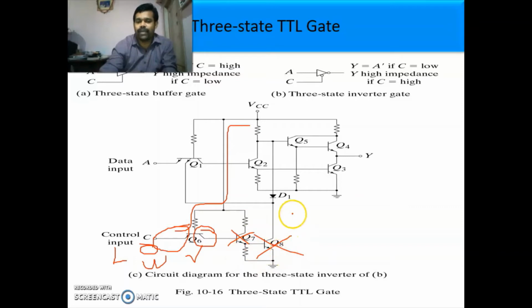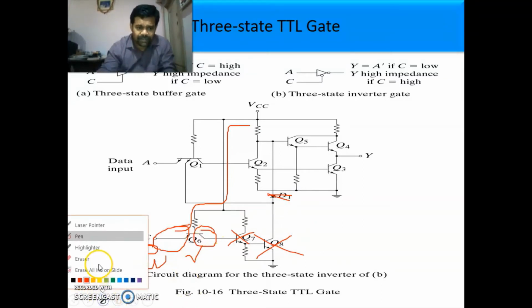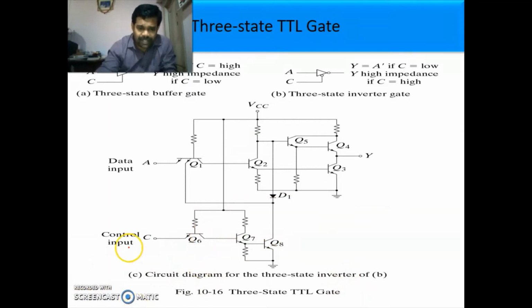If Q8 is not conducting, then diode D1 will not conduct. Again, I am repeating. I am taking C as low, so the emitter base junction is forward biased and current starts flowing in this direction.